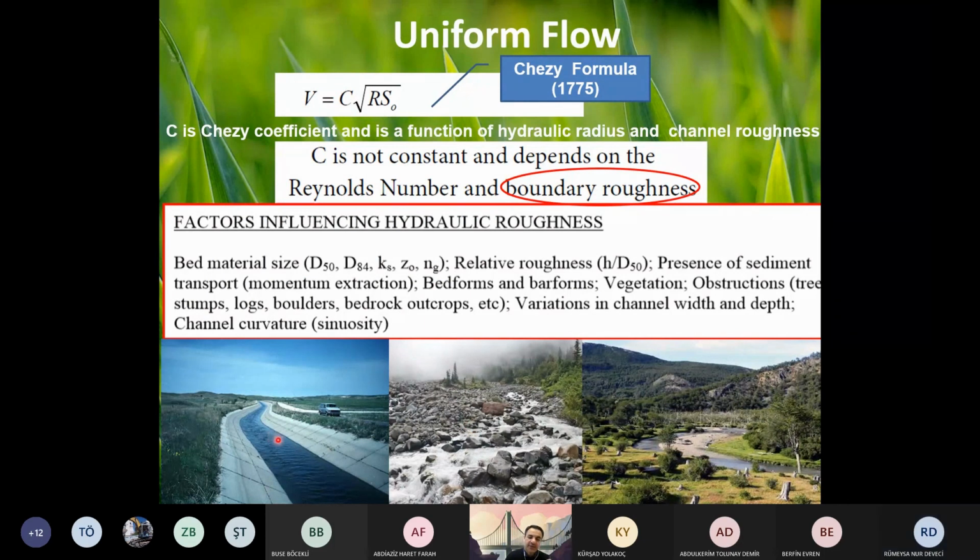Or we can say that in this canal, roughness is lower than these two canals. If roughness is lower, therefore Chezy coefficient is higher, because roughness and Chezy coefficient have a negative relation to each other, or adverse relationship.